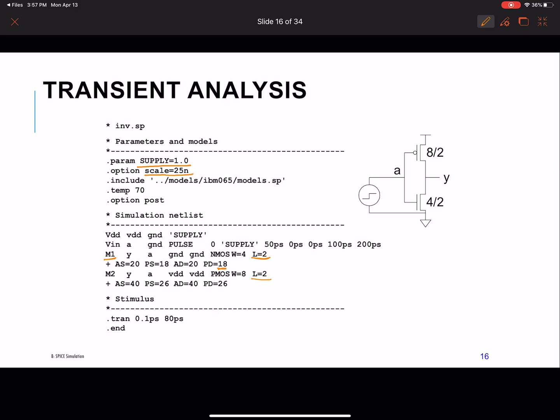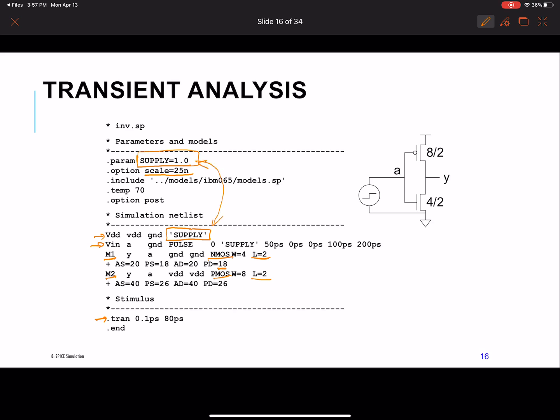These are 2 transistors, looks like an NMOS and a PMOS for our inverter, pulse input, supply voltage, transient simulation, and the parametric. And notice they've used this parameter supply here.